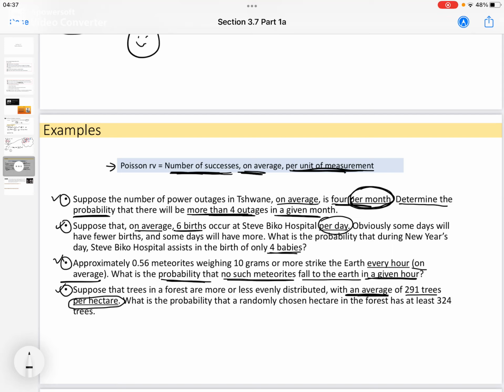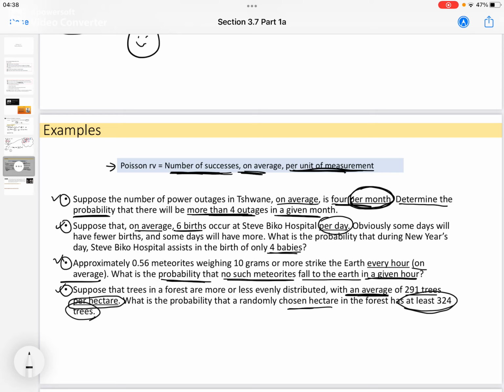Then we'll use the probability distribution to calculate the probability that a randomly chosen hectare in the forest has at least 324 trees. Right, so if on average we know that there's supposed to be 291 trees, what's the probability that a randomly chosen hectare in the forest has at least 324 trees?